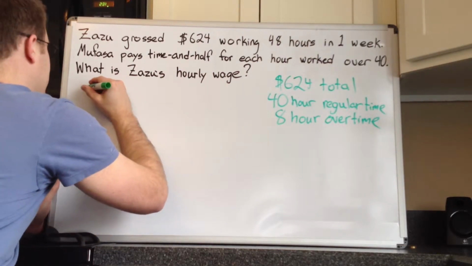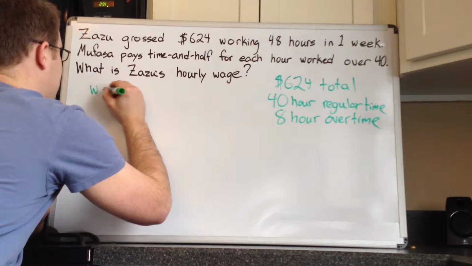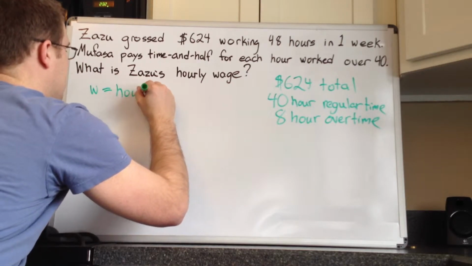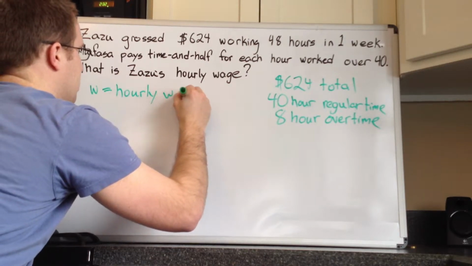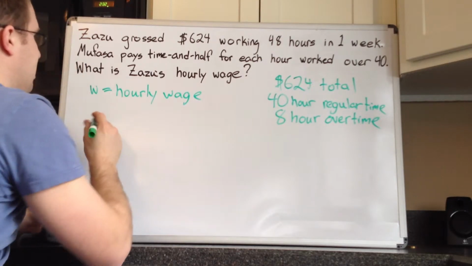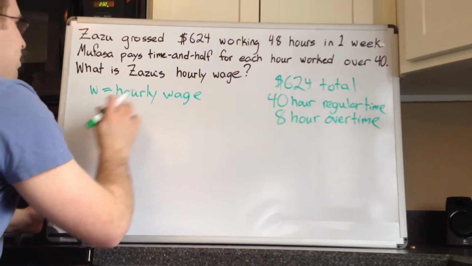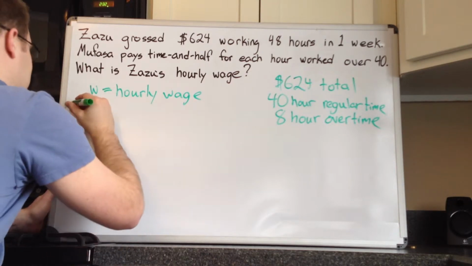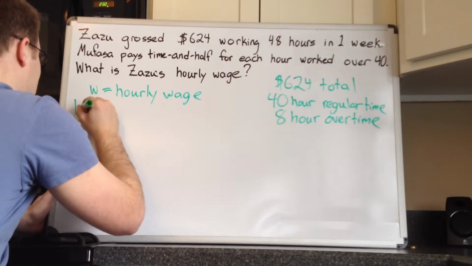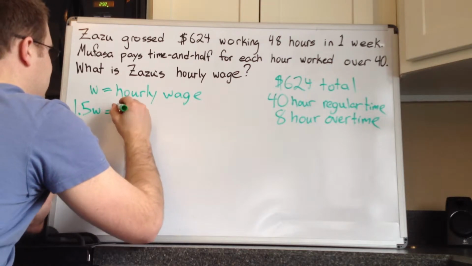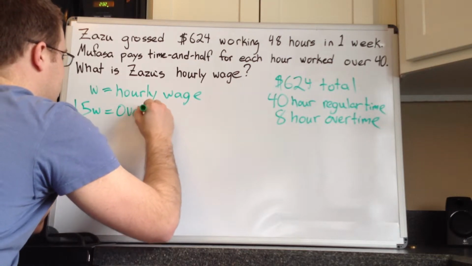So I'm going to say W equals the hourly wage. And for time and half, I'm going to do that in terms of W, because we don't need a separate variable for that. We know it's 1.5 times as much as the hourly wage, so 1.5 W is going to be the overtime wage.